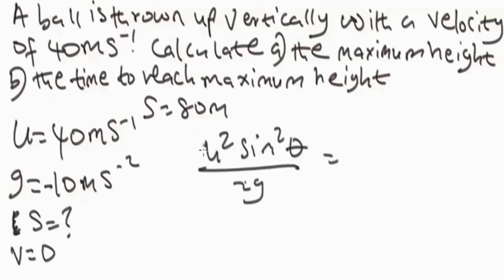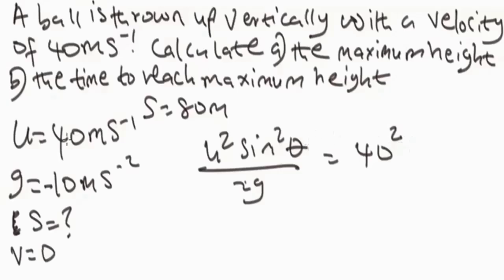So our u is 40, that's 40 squared. Then sine squared means you do sine theta times sine theta.